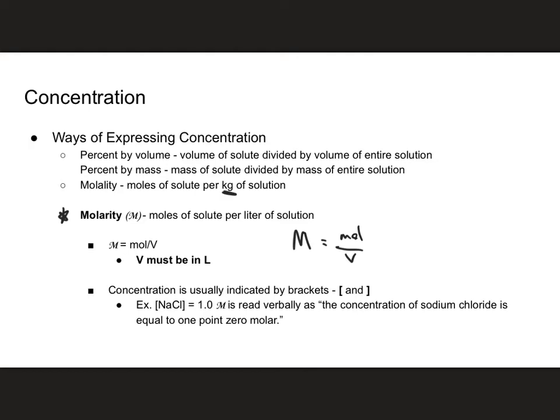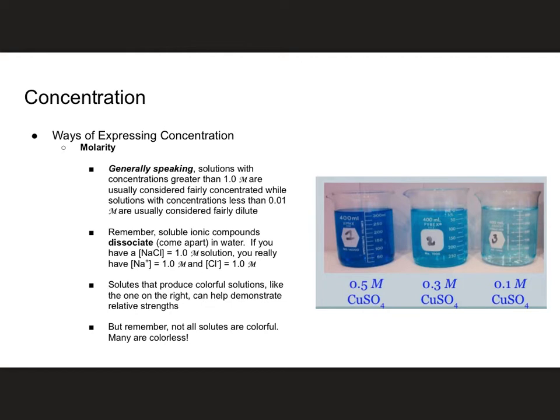Again, the equation you definitely want to have down is molarity is moles over volume. Some last information on molarity before we start doing sample calculations. Generally speaking, solutions with concentrations greater than 1.0 molar are considered fairly concentrated, while solutions with concentrations less than 0.01 molar are considered fairly dilute.